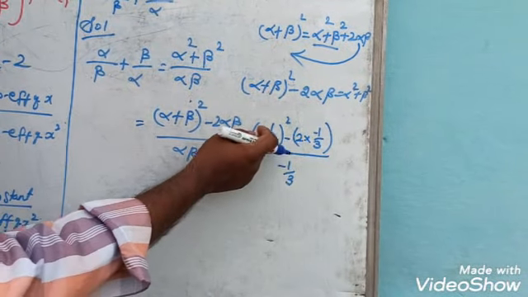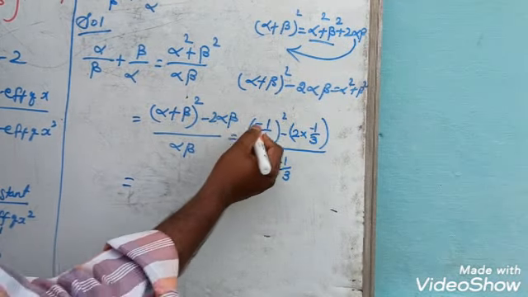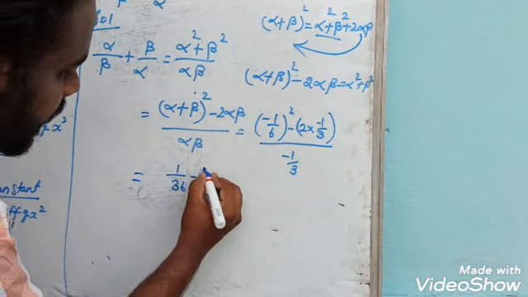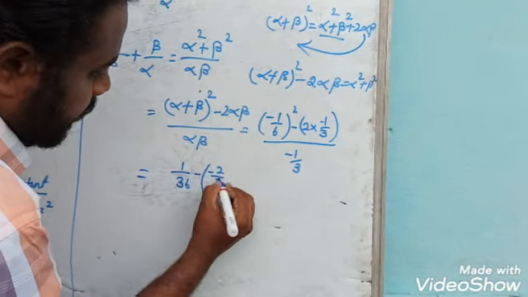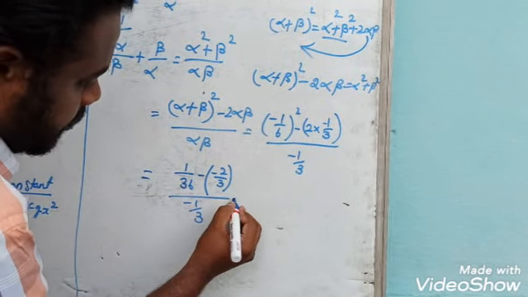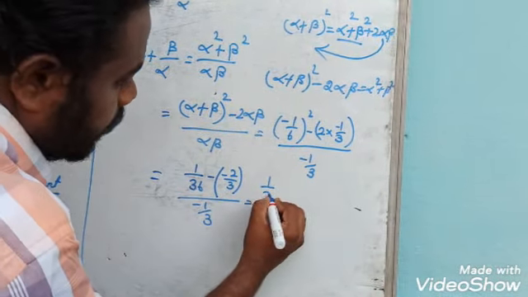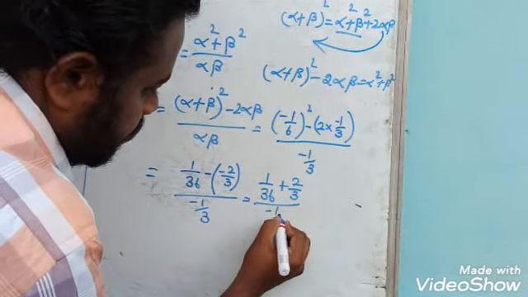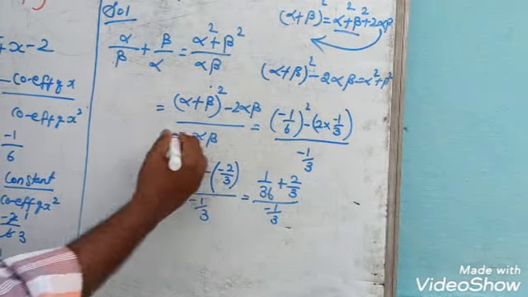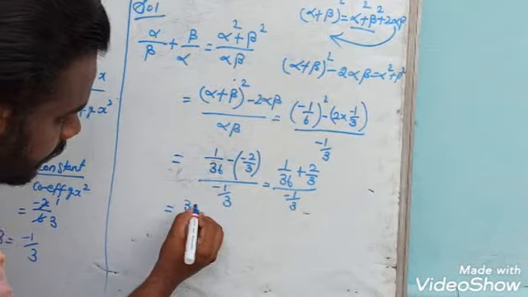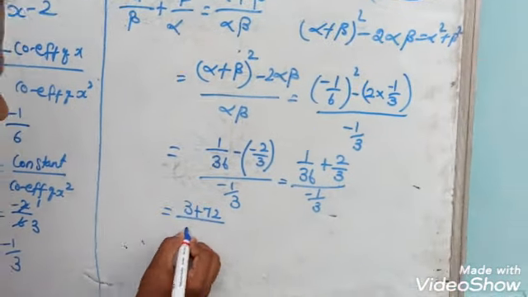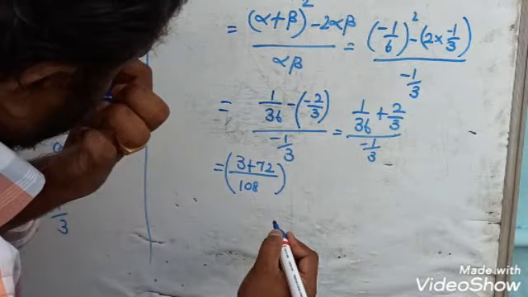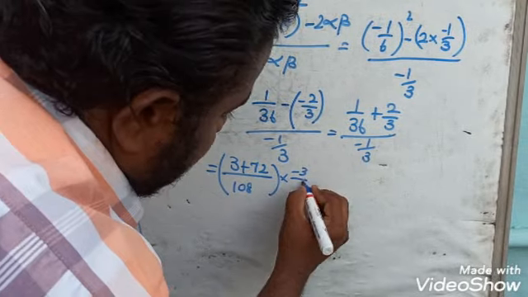Now we have to square the minus 1 by 6: minus into minus, plus 1 by 36. Already minus is there, so minus of minus 2 by 3, whole divided by minus 1 by 3. So we get 1 by 36 plus 2 by 3, whole divided by minus 1 by 3. Now we take a cross multiplication: 3 plus 72 divided by 108, and we take the reciprocal of the divisor, into minus 3 by 1.